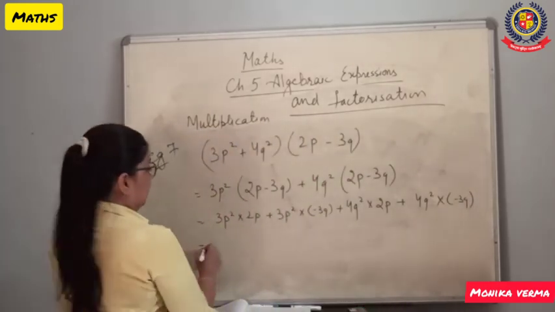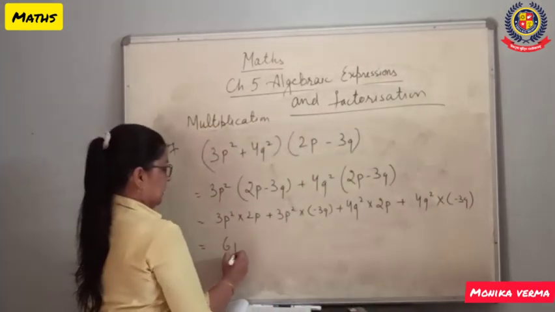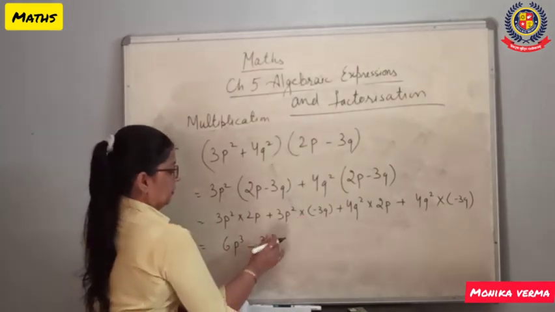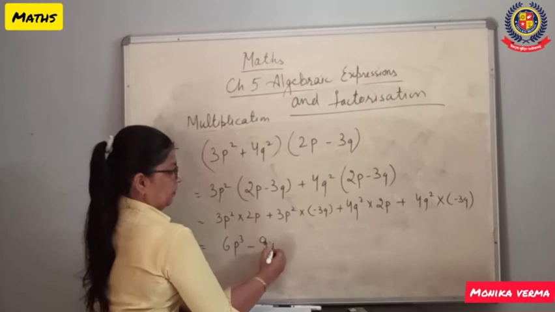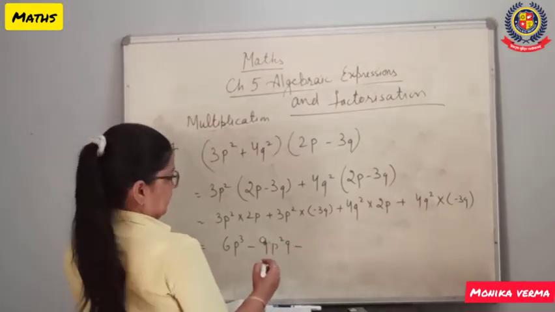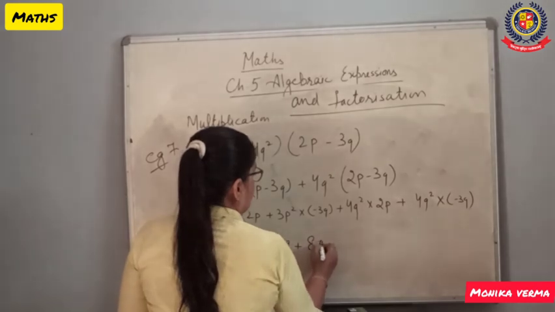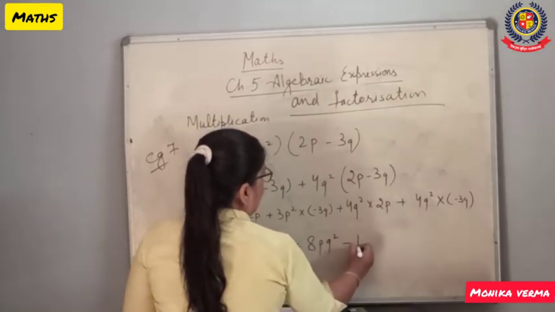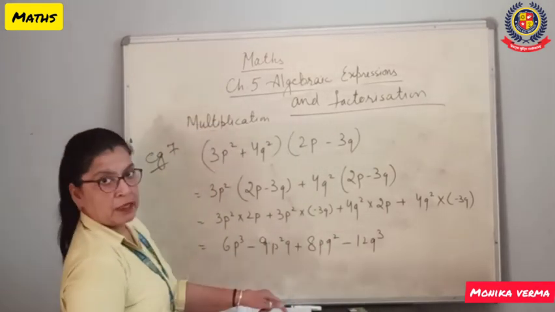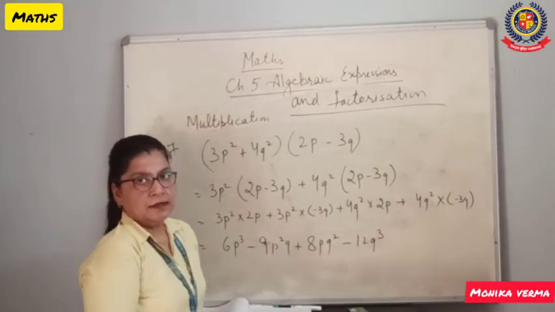I will simplify it. 3 into 2, 6p³, minus 3 into 3, 9p²q, plus 8pq² minus 12q³. So this is our answer.